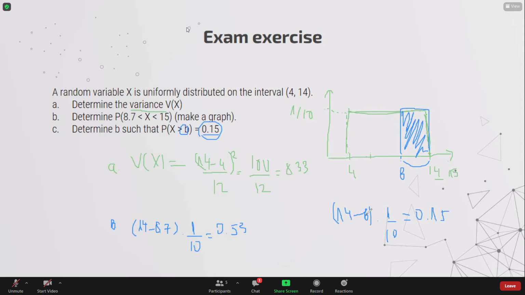We have one variable, we can easily calculate for b. And if it's calculated correctly, the end answer should be 12.5.